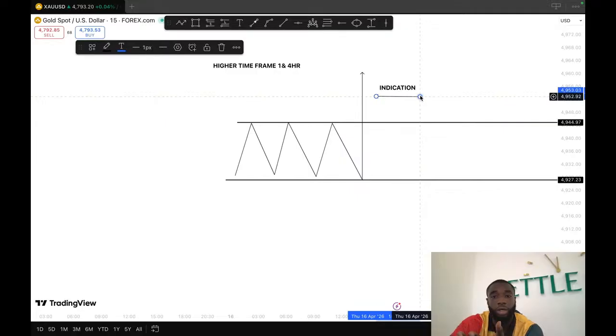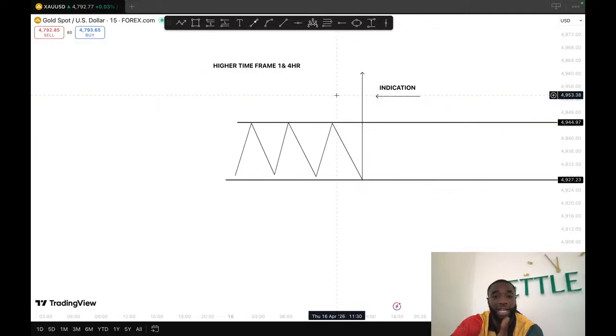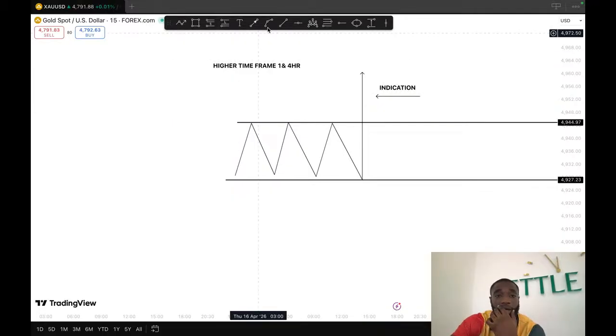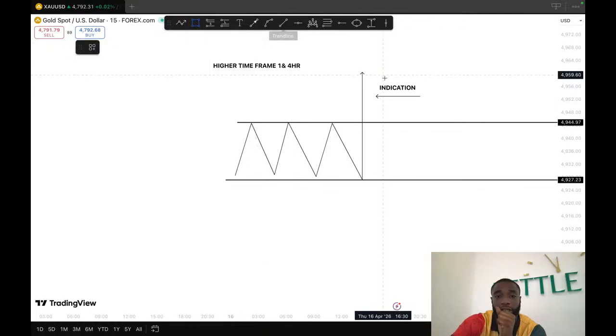So now that price has made an indication on the 1 hour chart, this pullback is just going to look like one candle like this, back into the zone.